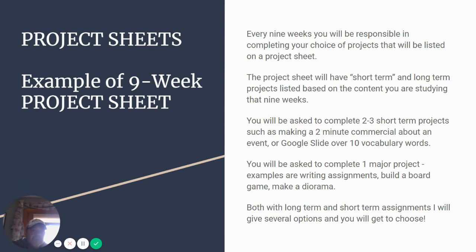Project sheets. This is brought back from some years in the past. Every 9 weeks you'll get a project sheet and we'll have choices. It'll be broken into short-term projects and long-term projects. In short-term projects, it might be things such as make a 2-minute commercial about an event that we're studying. Build a Google slide over 10 vocabulary words and share with me.